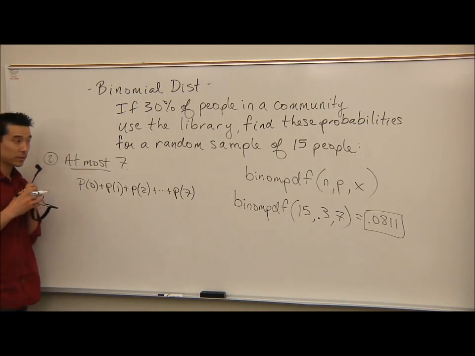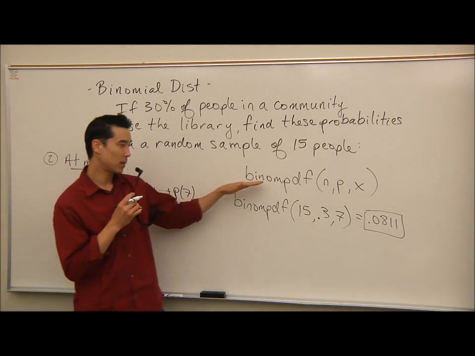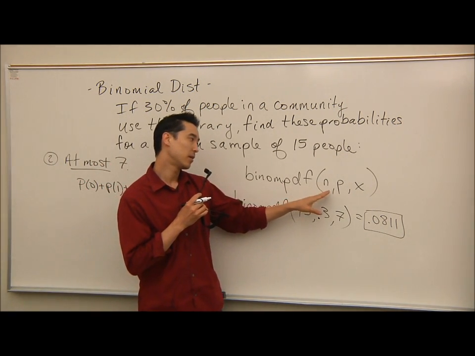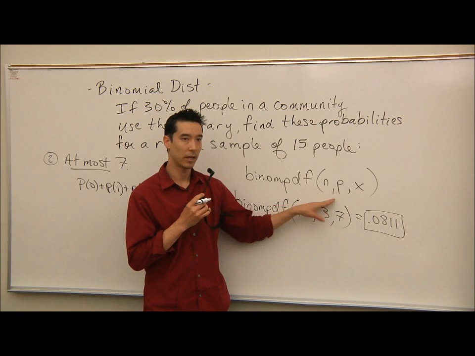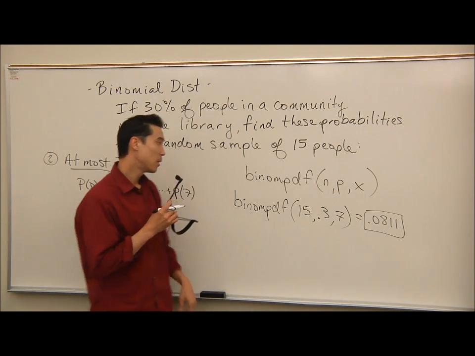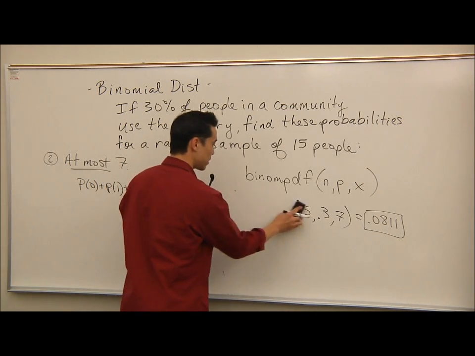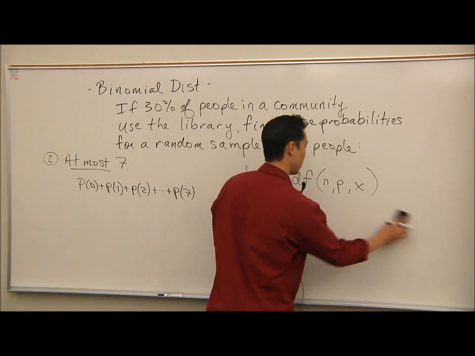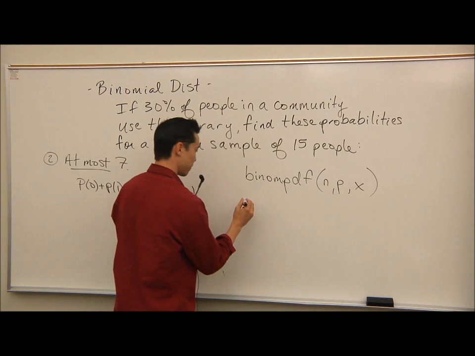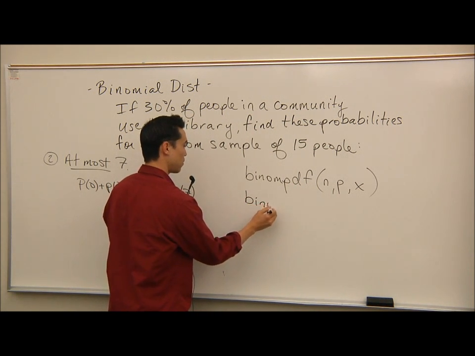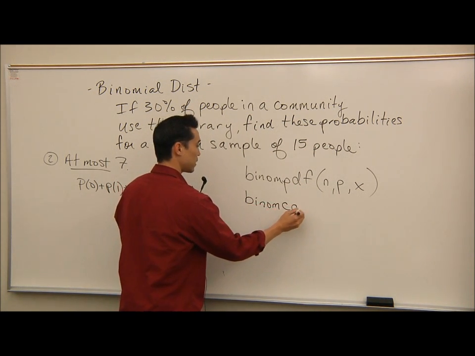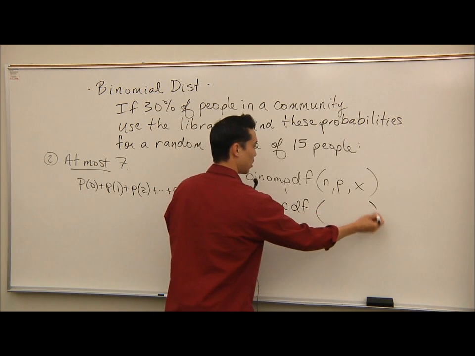So you could certainly do that and go through this thing a bunch of times and put, nPr 0, nPr 1, nPr 2, and add those up. But luckily for us, we have a quicker way to do that, and instead of Binompdf, you use the cumulative function, Binomcdf. Okay?